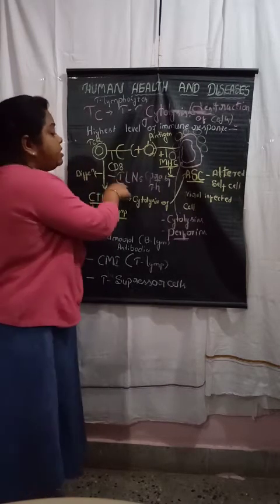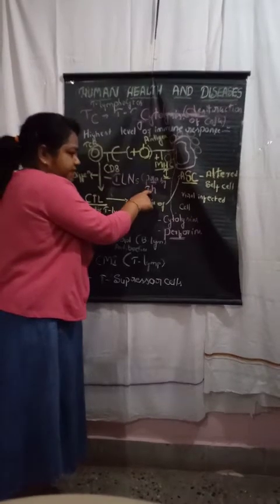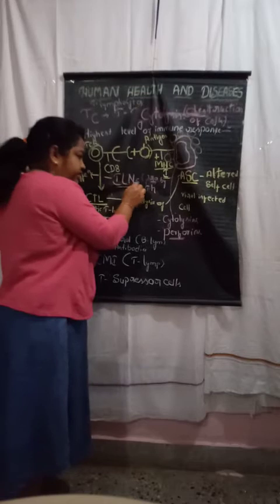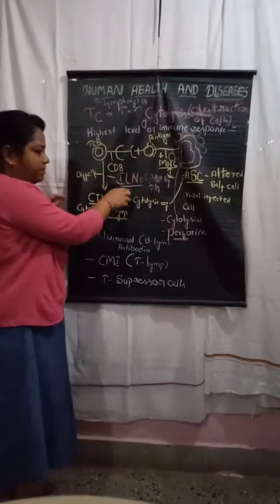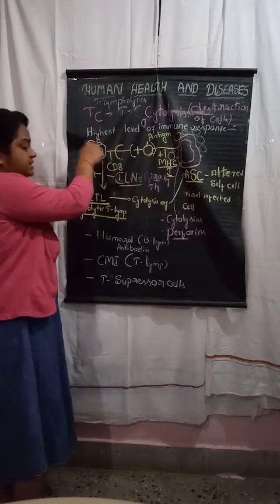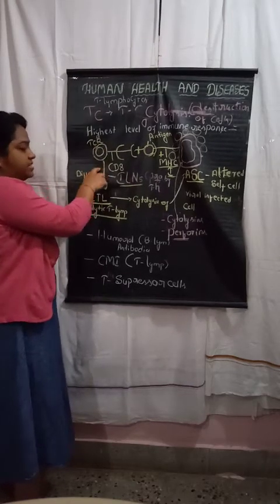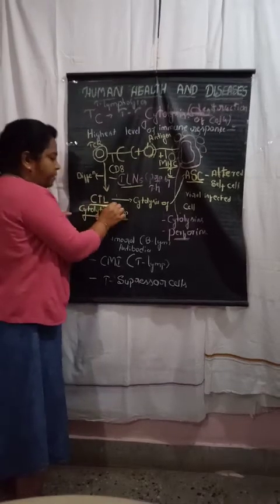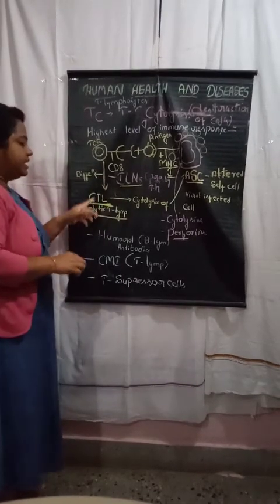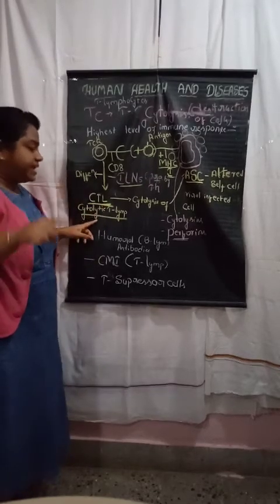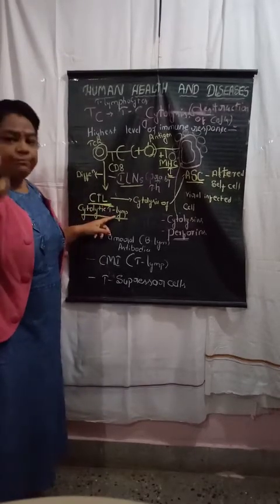So these T helper cells will produce interleukins, and with the help of the interleukins, the non-functional TCR cells undergo differentiation and produce a group of cells, which we will call the CTL cells. CTL stands for cytolytic T lymphocytes.